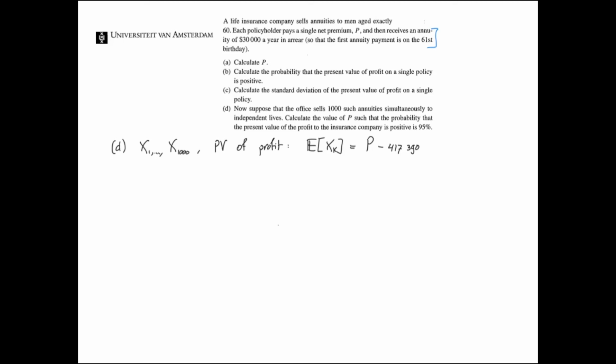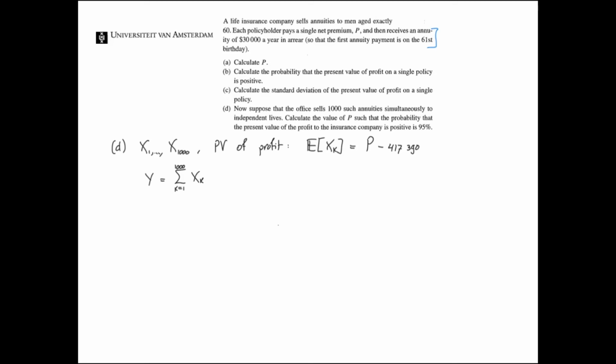Then we want to introduce a new random variable, which is the sum of all these x's, because we are selling it simultaneously to 1,000 independent lives.